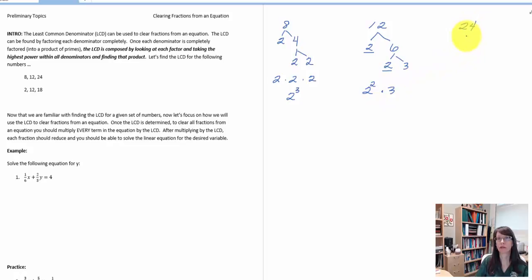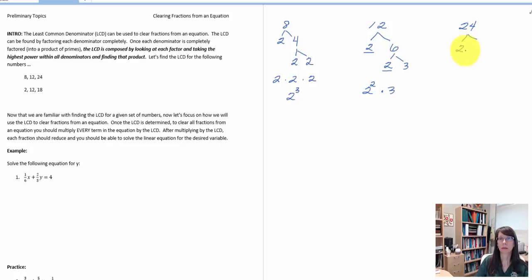And now we can break down 24. It doesn't matter if you're choosing 2 times 12 or 3 times 8 or 4 times 6. Once each factor is broken down to its prime numbers, we will all end up with the same string of prime numbers.